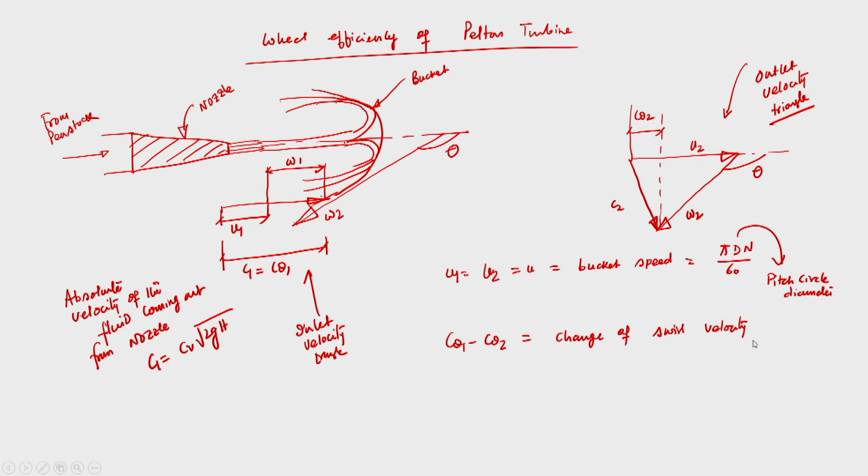So this is the inlet velocity triangle and this is the outlet velocity triangle. C theta 1, from the inlet velocity triangle, is equal to C1, and C theta 2 I can write from the outlet velocity triangle. How? C theta 2 is equal to U minus W theta 2. So what is W theta 2? This is W theta 2.